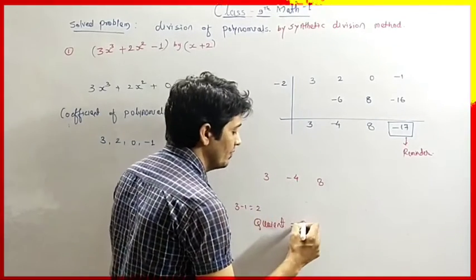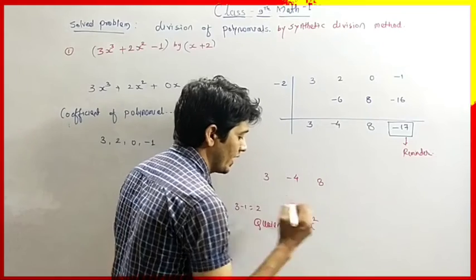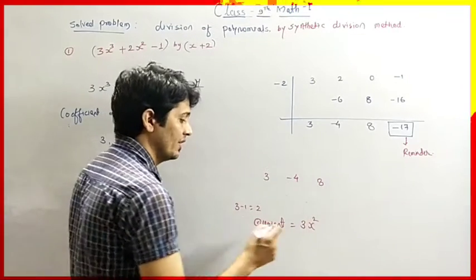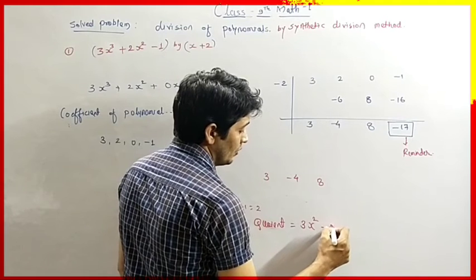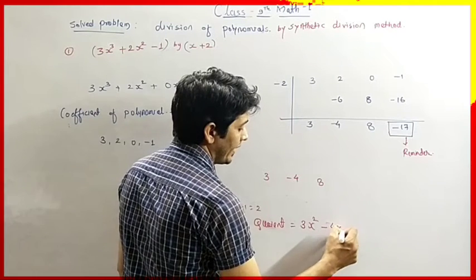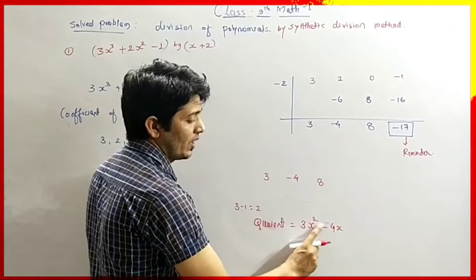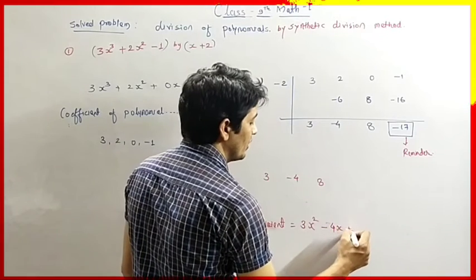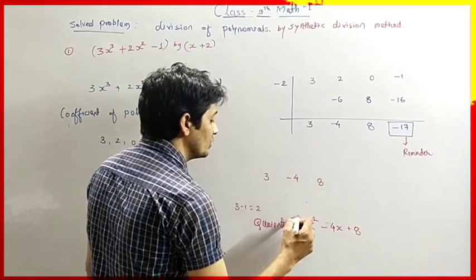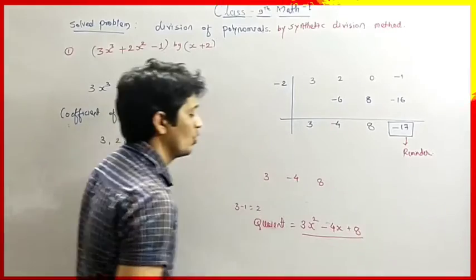So it will become 3x square. Now we have minus 4, so it will become minus 4x, since the power here is 2, so here the power should be 1. And the term without a variable is plus 8. So this will be the quotient.